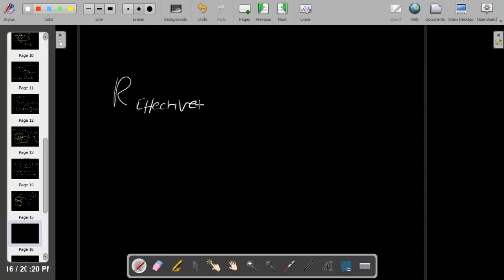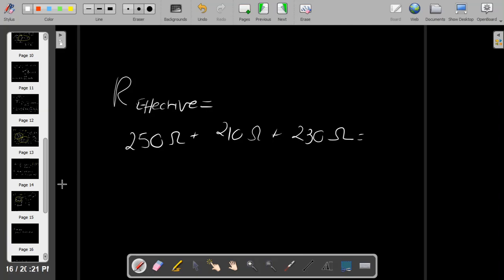Remember that sometimes I say effective, sometimes I say total, just because I want you to notice that it's the same thing. It's 250 ohms plus 210 ohms plus 230 ohms. Add them up, and you should find that the resistance total for this circuit is 690 ohms.